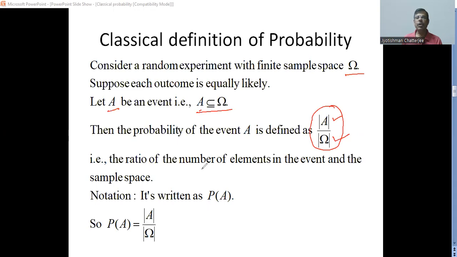So it's the ratio of the number of elements in the event and the sample space. We use the notation P of A to denote this. So P of A equal to size of A by size of omega. This is the definition. So probability of A is defined as size of A by size of omega.